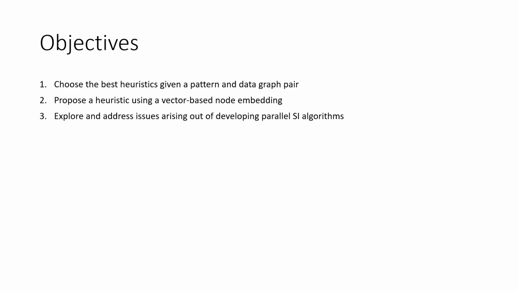My idea is that if I use a vector-based embedding, I would be able to encapsulate more information compared to the scalar quantities, and because of this higher amount of information I would be able to do correct mapping early on in the mapping process. This would help me save time because of the lack of backtracking that I would have to do because of these correct matches early on. So that is the idea behind objective 2.